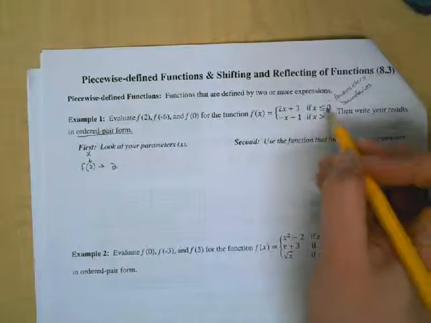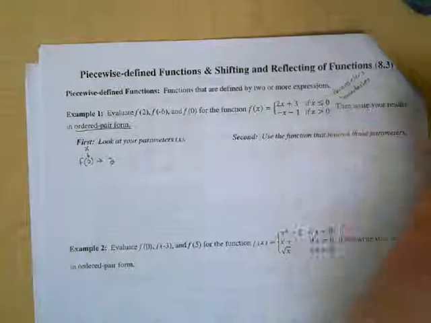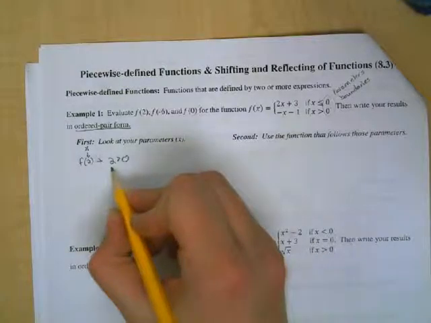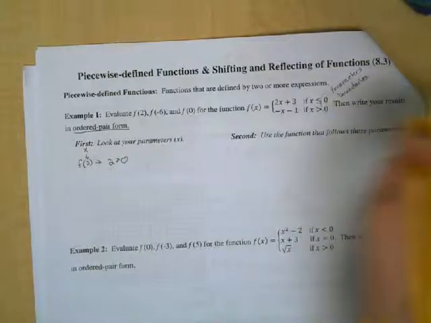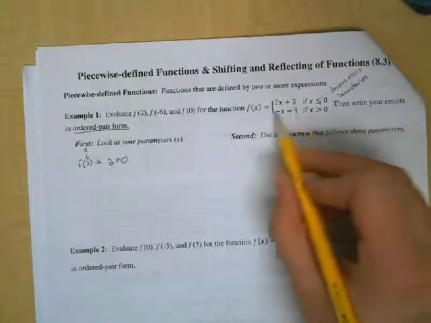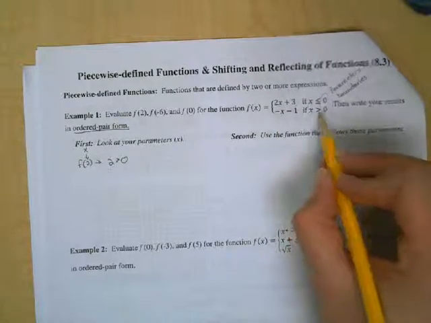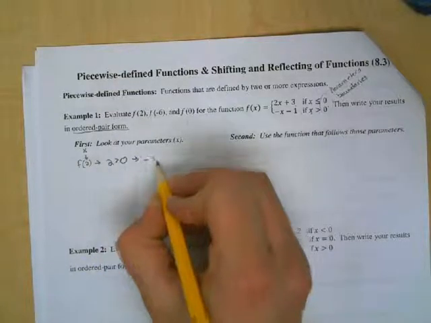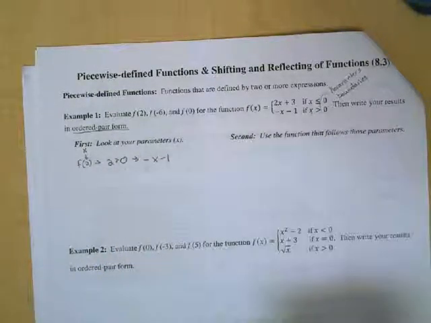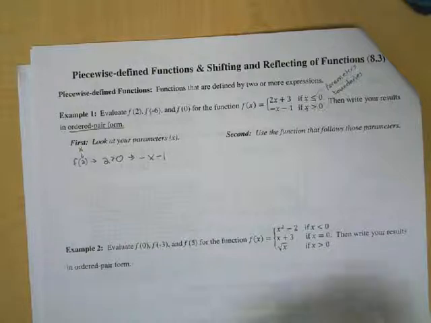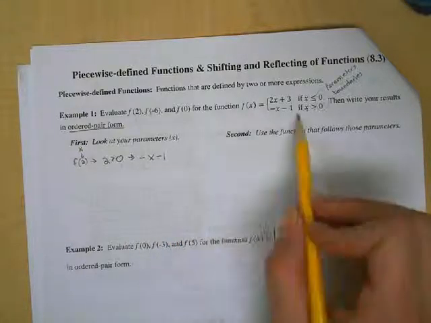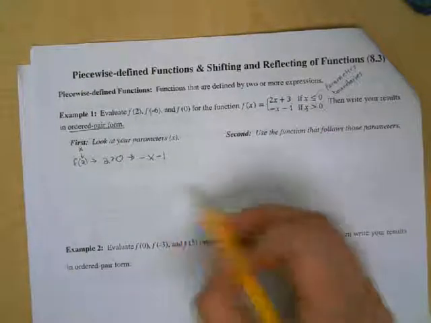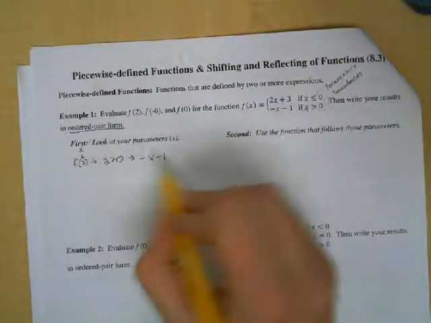This is greater than 0. Since I'm looking at an x value greater than 0, I need to use the defined piece that has x values greater than 0. So here I'm going to use the negative x minus 1 piece, because it's the part that has x values greater than 0.